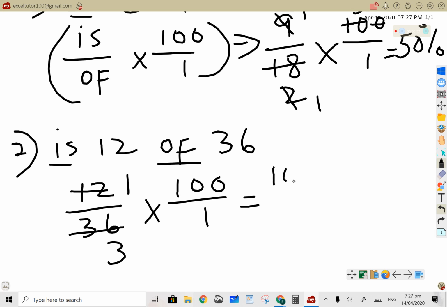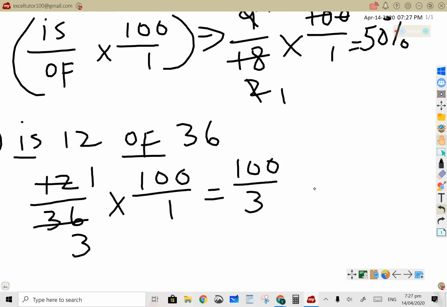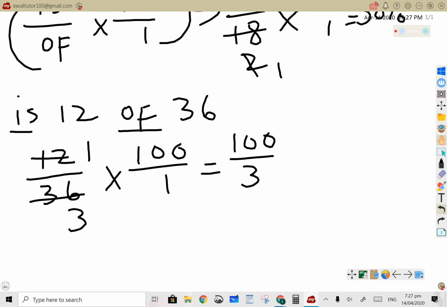So therefore we have 100 over 3. 3 into 3 is 1, 3 into 10 is 3, remainder 1, 3 into 10 is 3, remainder 1 over 3. So we have 33 and a third percent.